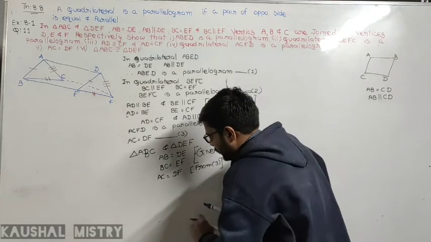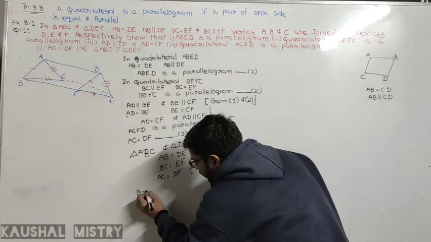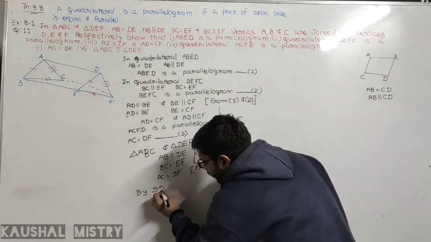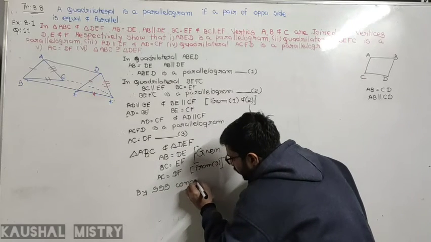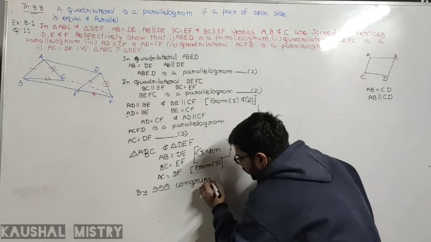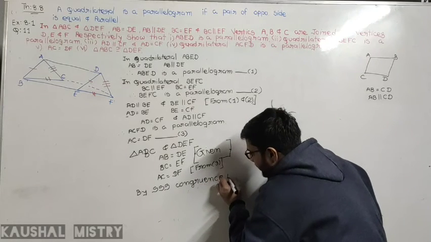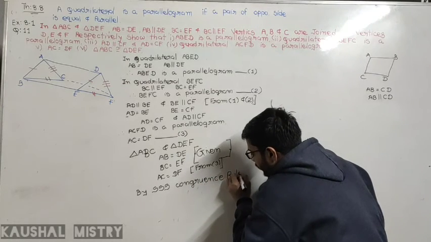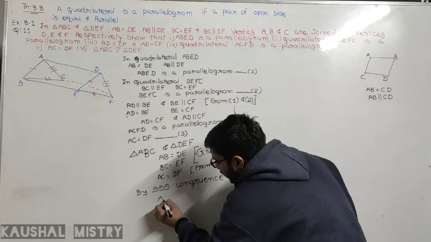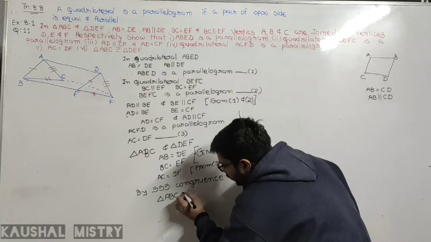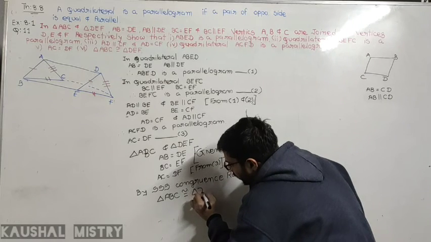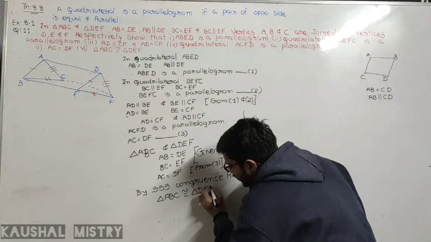So by the SSS congruence rule, we can definitely write triangle ABC is congruent to triangle DEF.